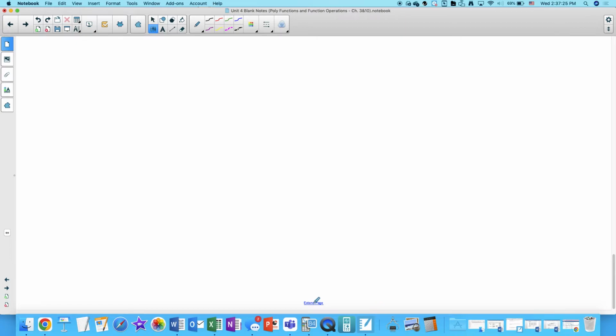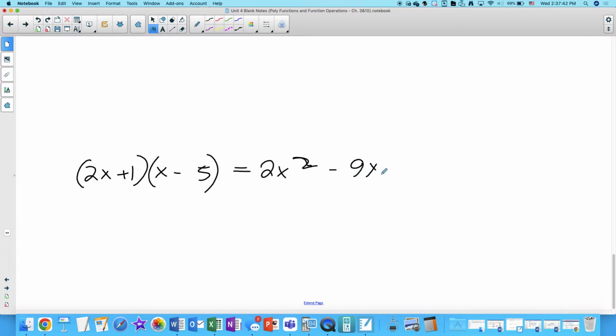So for example, if I'm doing 2x plus 1 times x minus 5, that's 2x squared minus 10x plus x, so minus 9x, and then minus 5. We can't just slot that in.